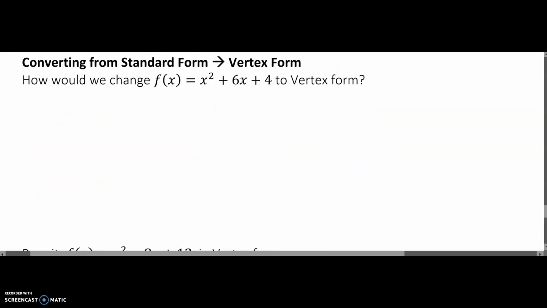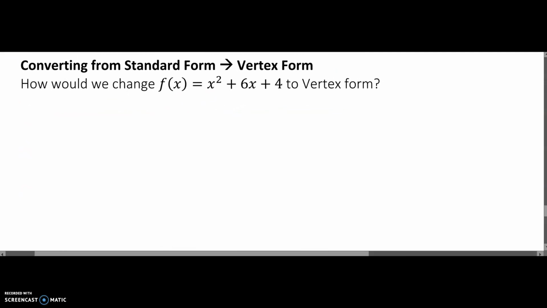The next thing that we need to talk about is converting from standard form back to vertex form. And remember when we had our vertex form, that setup looks like this. y equals a(x minus h) squared plus k.